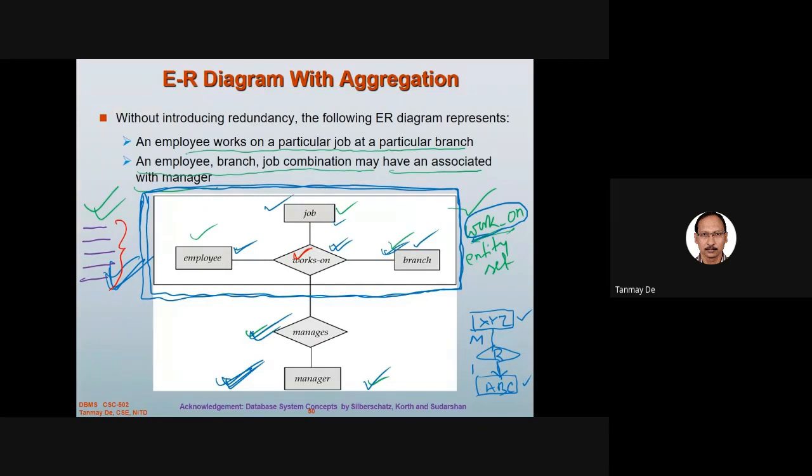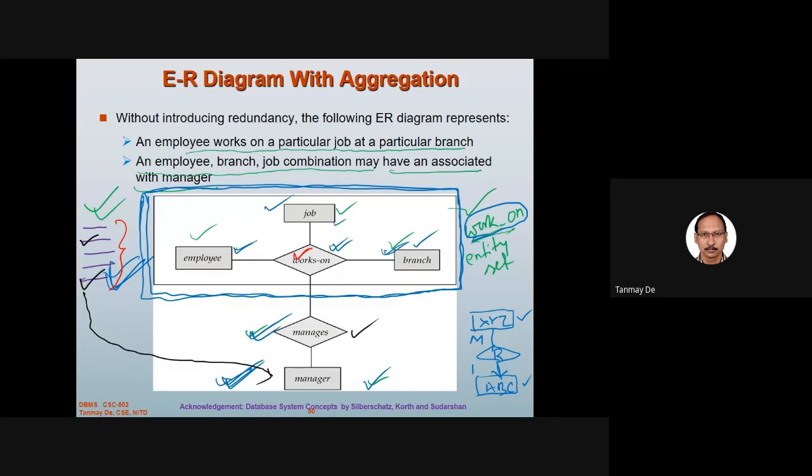But here some of the entities, say these entities and these entities, these two entities are also associated with the manager by the managers relationship. Okay, what is the meaning of that?